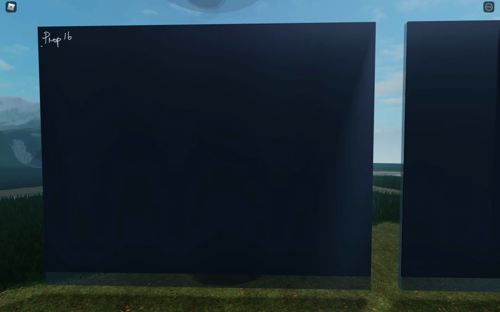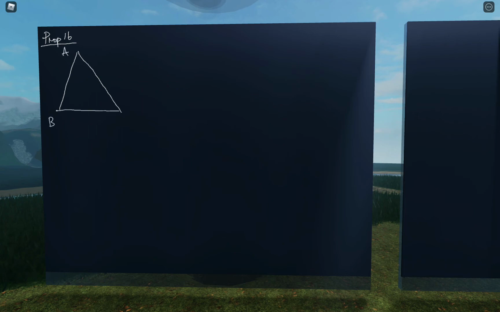16, right. So 16 is about proving that an external angle of a triangle is greater than either of the two opposite angles. So again, I'll start with a diagram of a triangle ABC. I'll try and be compact here and not take up too much room.